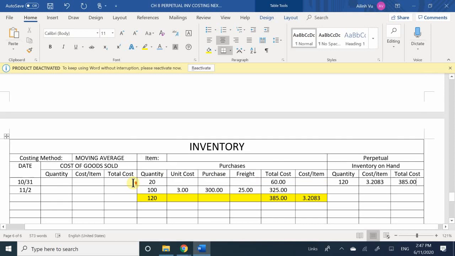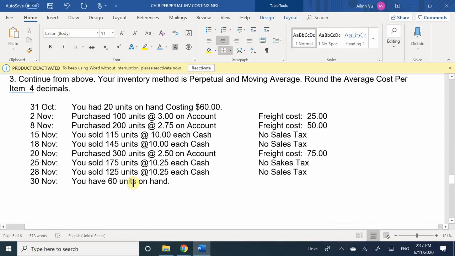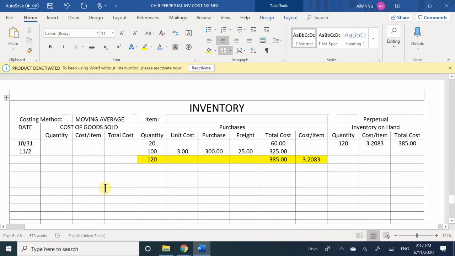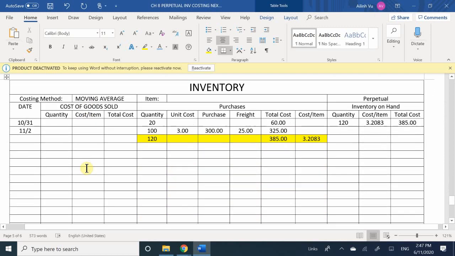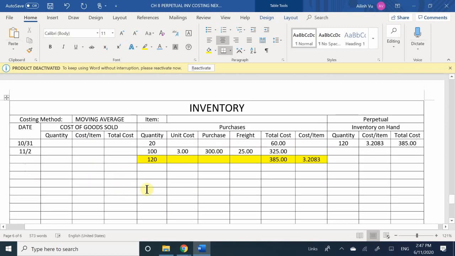All right, so let's see what happened next. On November 8th, we purchased 200 units at $2.75 and freight 50. Okay, so we are going to increase our amount by 200, and it was $2.75 each, and freight was 50.